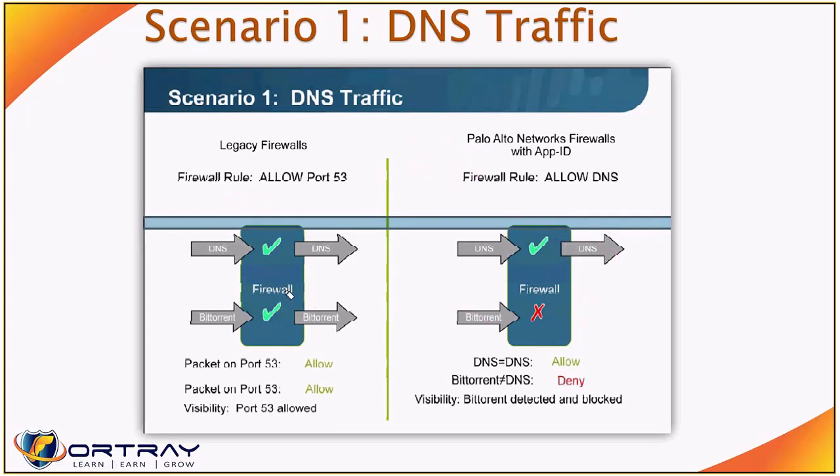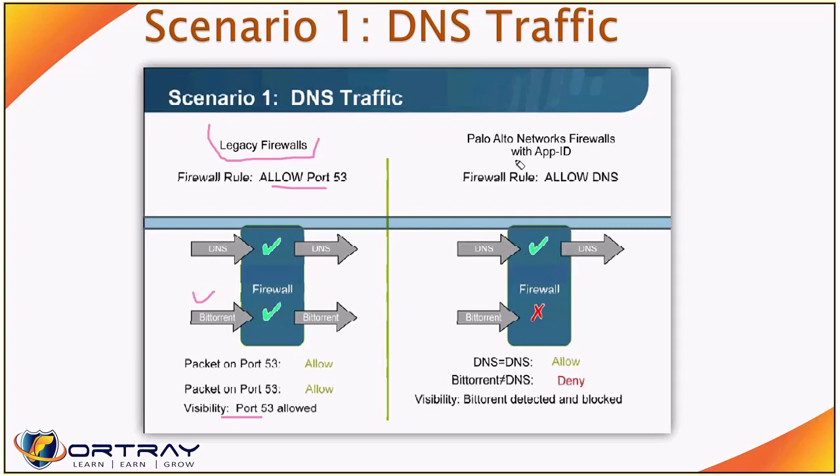In a legacy firewall like the old ASA or other devices we had before next generation firewalls, if port 53 is allowed, DNS is allowed, but BitTorrent is also allowed, because BitTorrent can change from its default port to some other port. As a result, DNS is allowed and BitTorrent is also allowed as well.